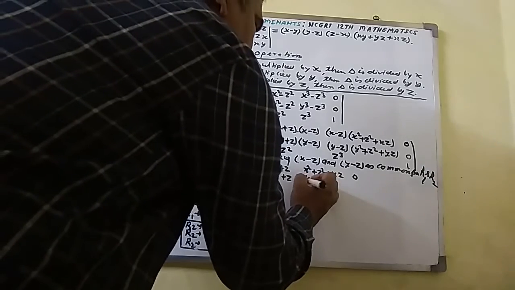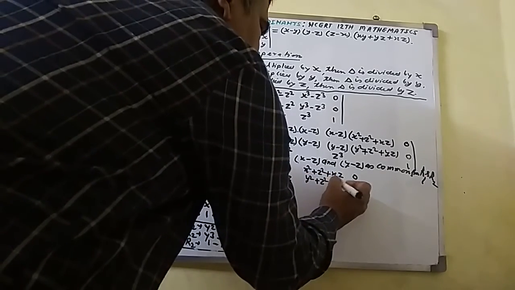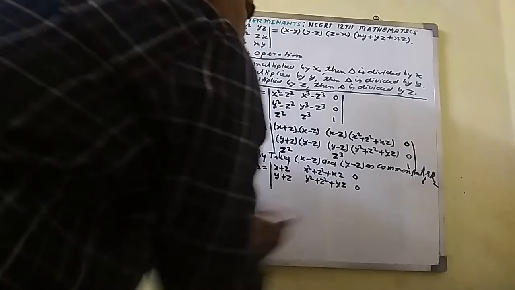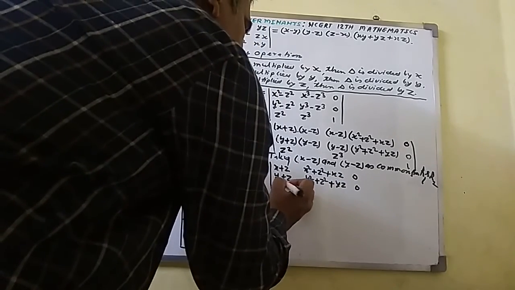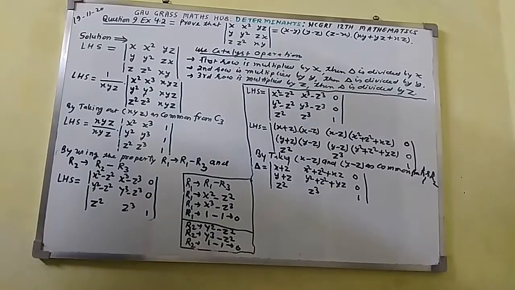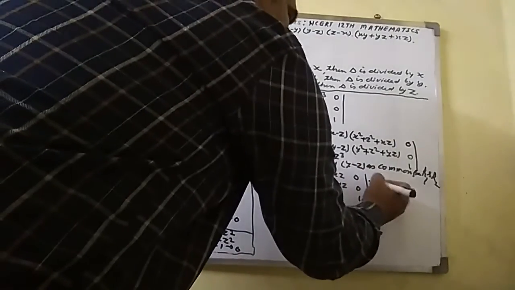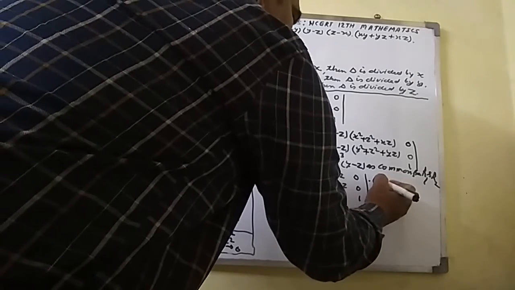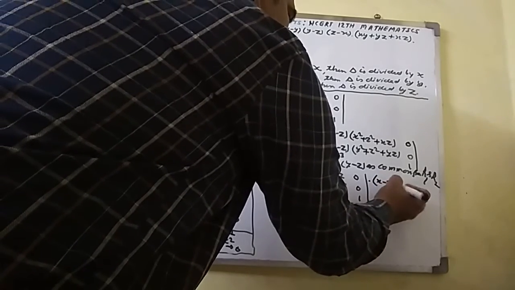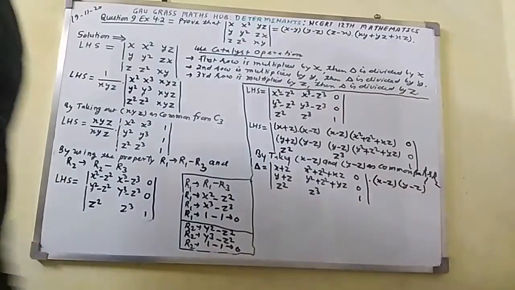Here you get y square plus z square plus yz. Here write 0. Here the elements will be z square, z cube, 1. Or you can write, multiplied by x minus z and y minus z.